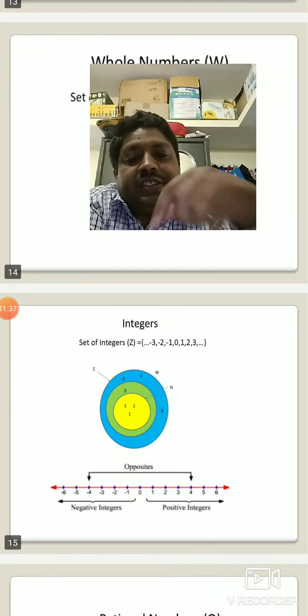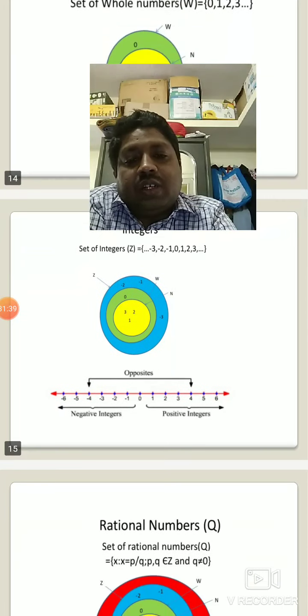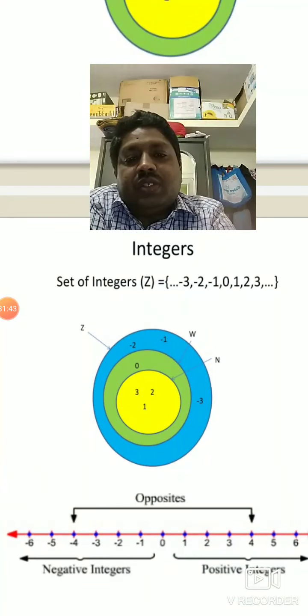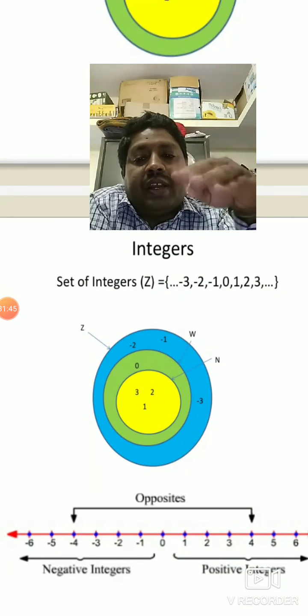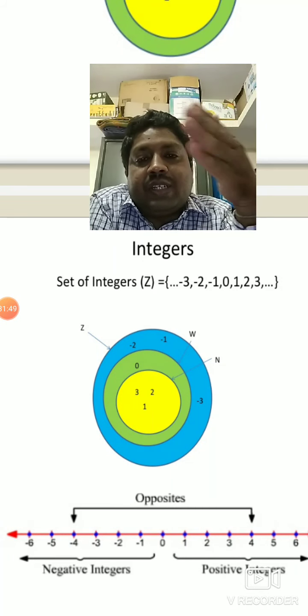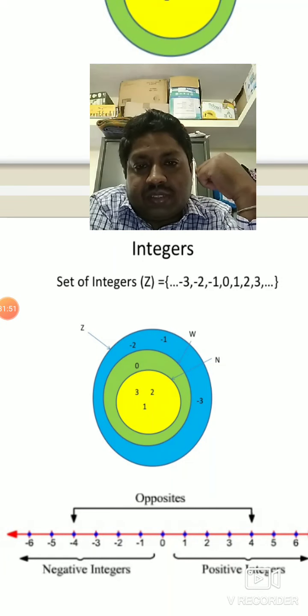Next we have integers. Children, integers, I already told what are integers. Integers means that 0 will be in the middle. Right hand side you will have positive numbers. Left hand side you will have negative numbers.